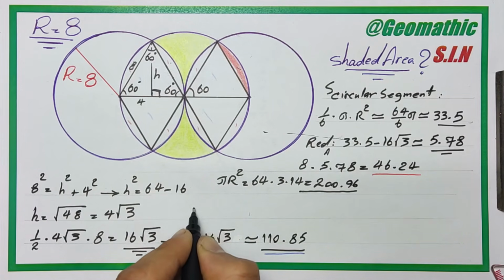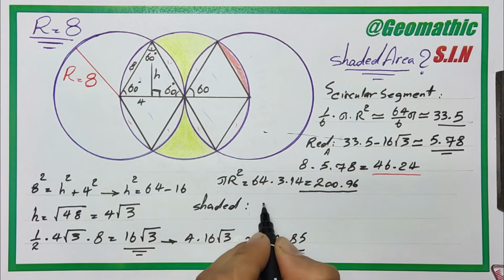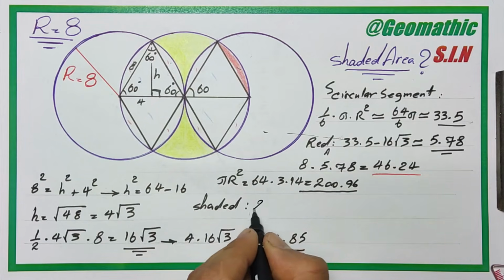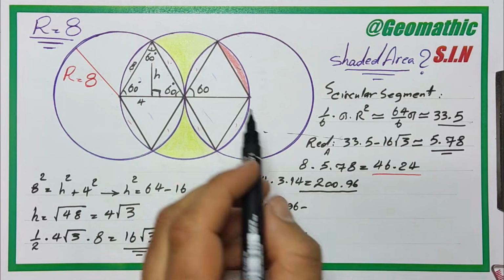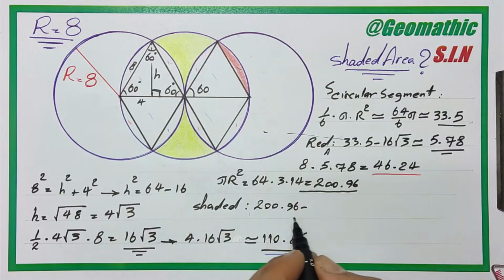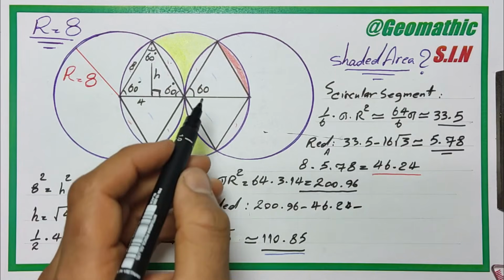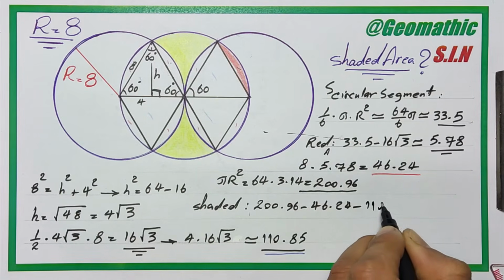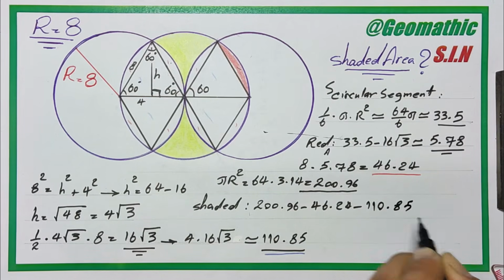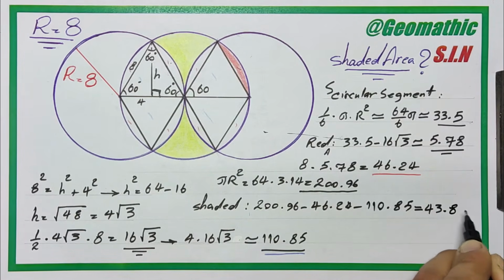Now the shaded area equals the whole area of a circle, 200.96, minus the area of all 8 circular segments, 46.24, minus the area of these 4 equilateral triangles, 110.85, which is equal to 43.87.